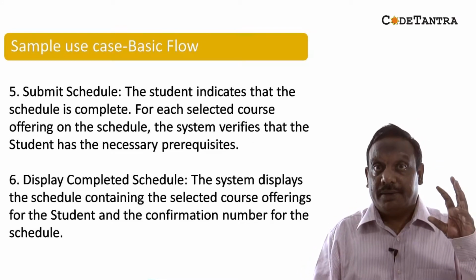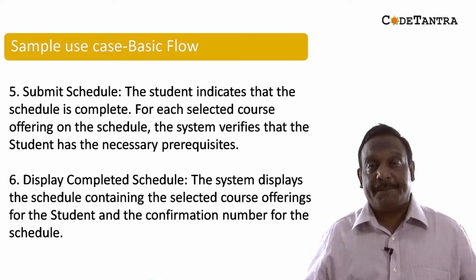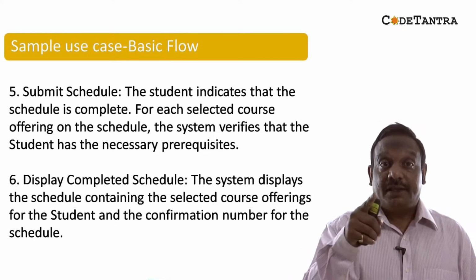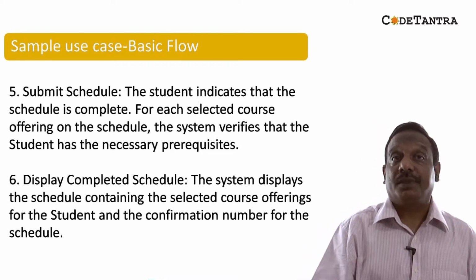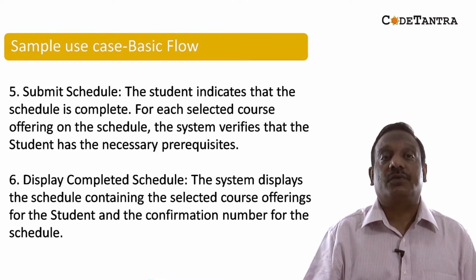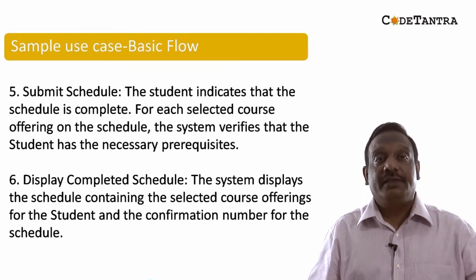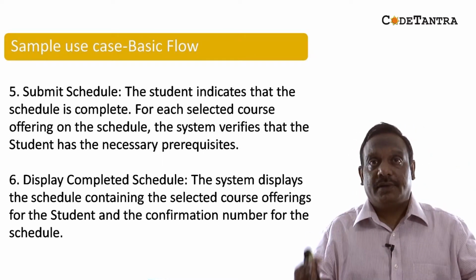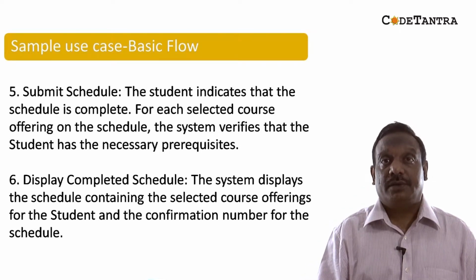So the student selects a schedule, and the system checks internally for all the prerequisites. Sixth step is display completed schedule. The system displays the schedule containing the selected course offerings for the student and the confirmation number for the schedule. This is our main flow of a student creating a course schedule.